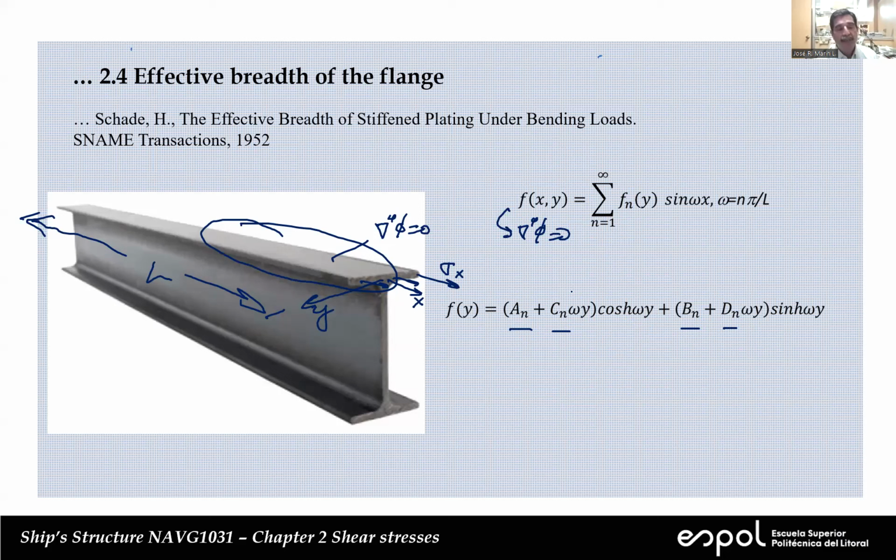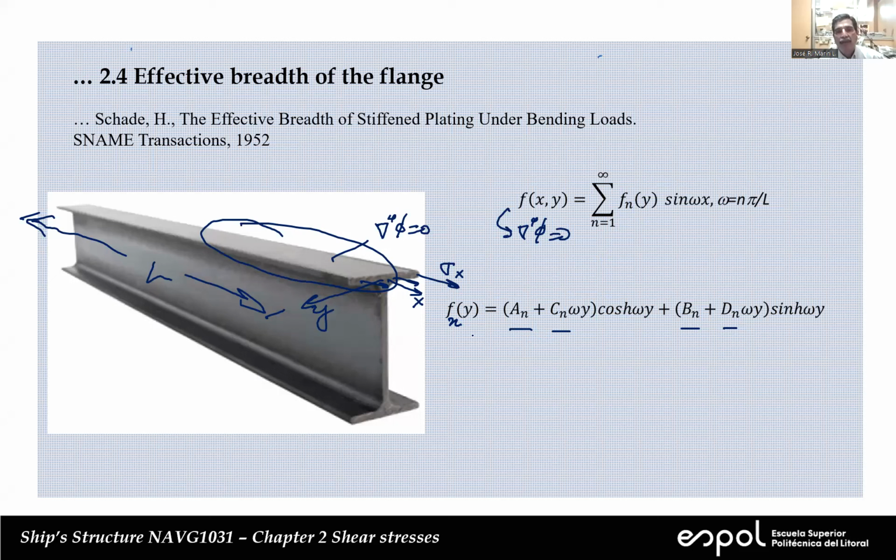Every time you integrate something, you include a constant of integration. Basically, you have integrated 4 times. It's similar to having to include 4 constants of integration. I think this needs a subscript n here because this is one term of this expansion.